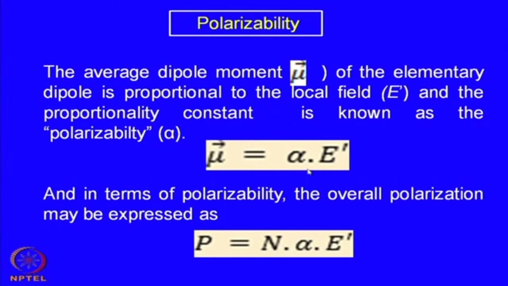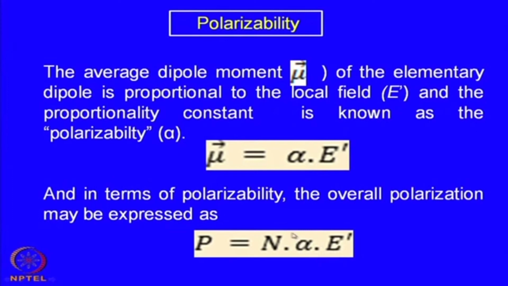Okay. So, the proportionality constant is the polarizability, and it gives an idea how easily or difficult it will be to polarize a particular material. So, it is once again a material parameter. And in terms of the polarizability, the overall polarization may be expressed as P equal to n alpha E prime.